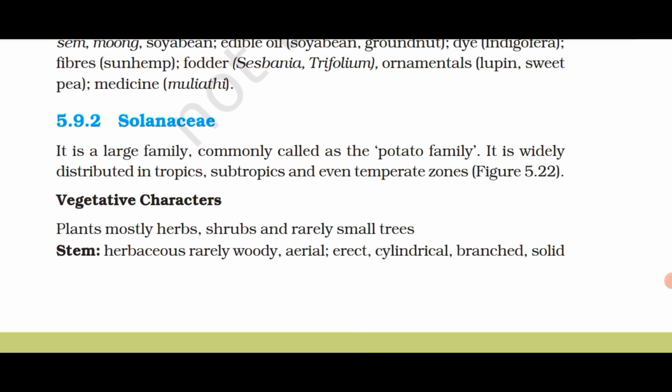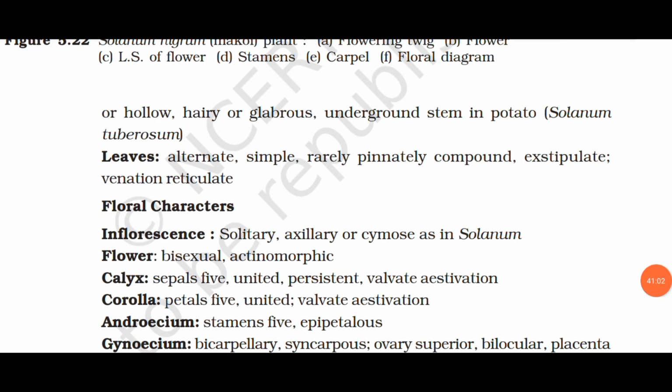Stem: herbaceous, rarely woody; aerial, erect, cylindrical, branched, solid or hollow, hairy or glabrous. Underground stem in potato, Solanum tuberosum. Leaves alternate, simple, rarely pinnately compound, exstipulate, venation reticulate.